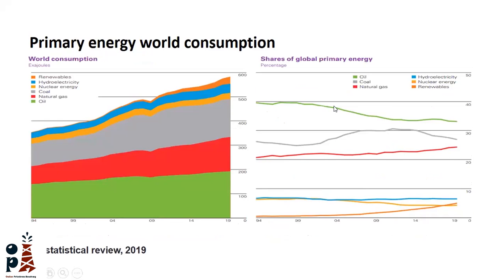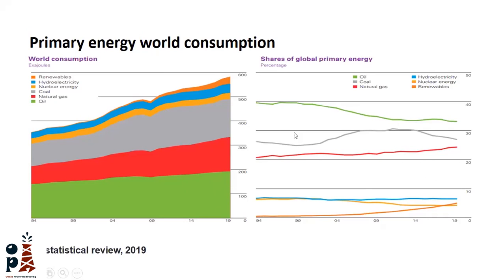So why do we increase the reserve every year? Because primary energy consumption is increasing. If we look at the left curve, we will see the primary energy consumption. The green is oil, the red is natural gas, and the gray is coal. And we see that oil consumption is increasing with time.